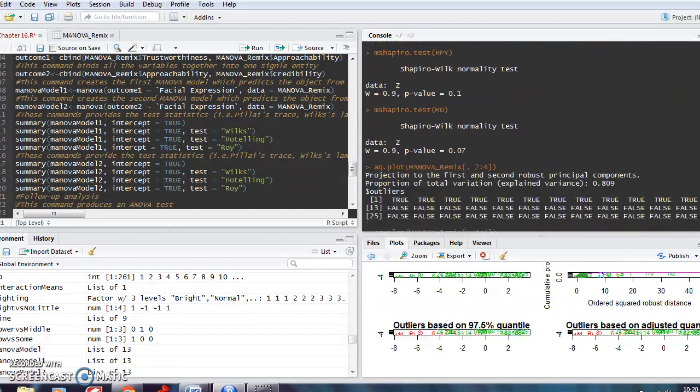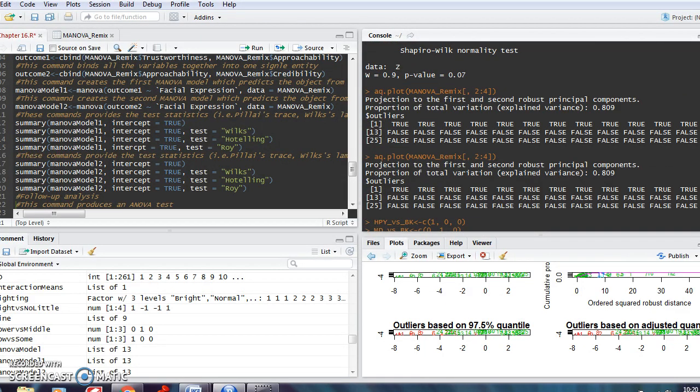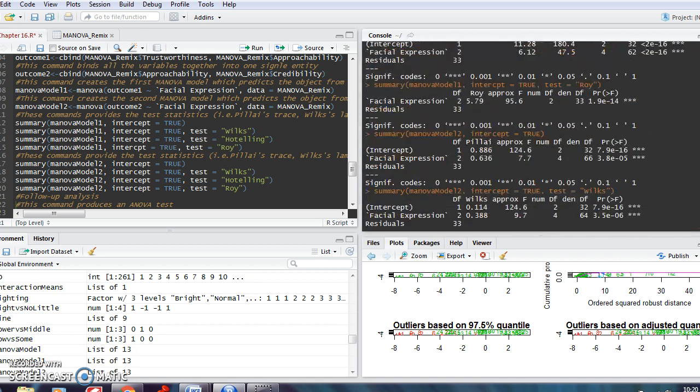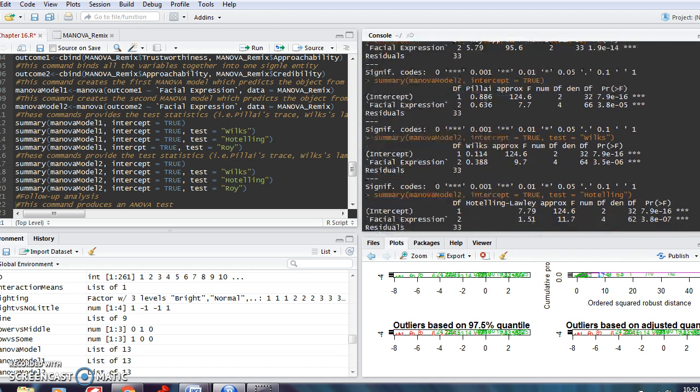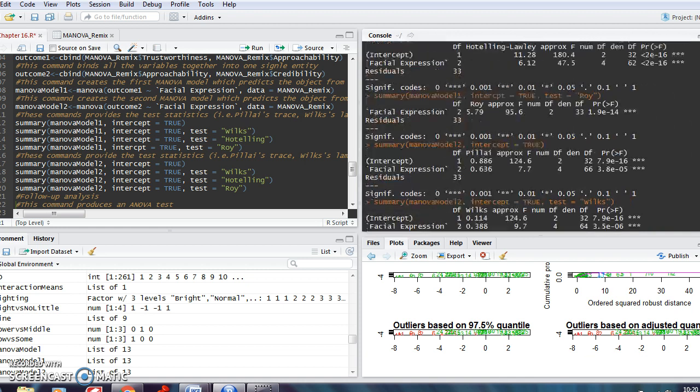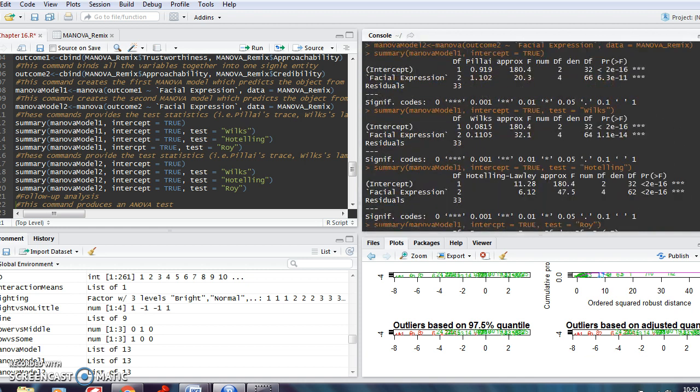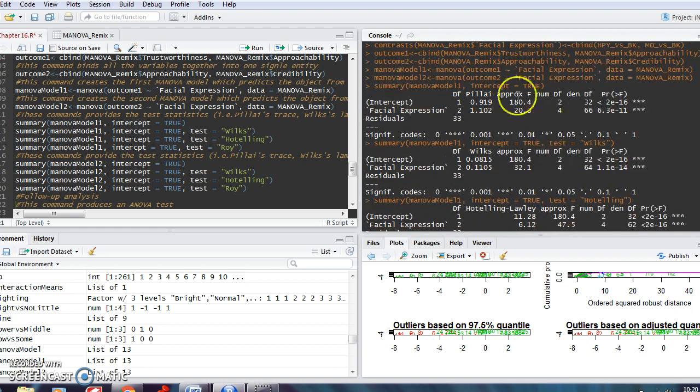So just thinking about that, I want to show you guys what it's going to look like when we take this into consideration. And for anybody that's looking out here, take this into consideration as well. So, looking at our MANOVA model 1, the only test statistic that I'm going to look at is Pillai's trace.